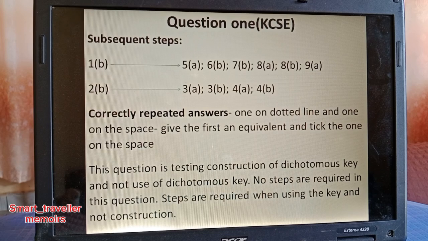Correctly repeated answers, one on the dotted line and one on the space, give the first and equivalent and tick the one on the space. This question is testing construction of a dichotomous key and not use of a dichotomous key. So no steps are required in this question. Steps are required when using the key and not construction.